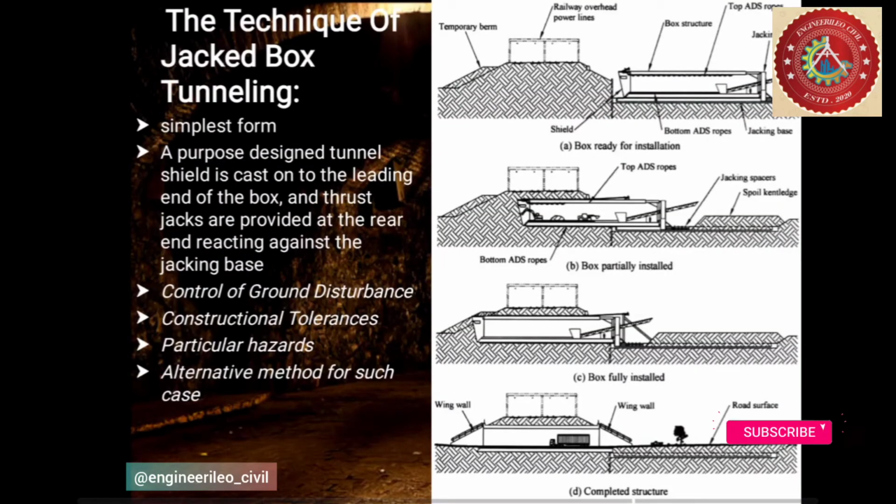Now we are going to learn the technique of jack box tunneling. It is the simplest form. Just keep in mind that a box is prepared in the industry and then transported to the field, and with the help of containers and trucks, the box is just pushed into the soil, and that's it, jack box tunneling.